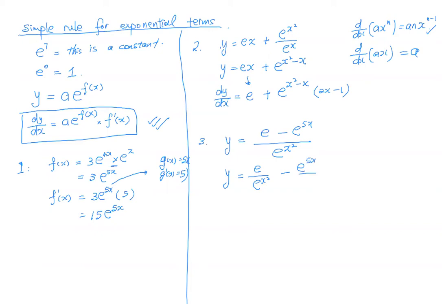So you see, the moment you get used to it, you will know what to do. You separate them. After that, you bring up the power. Can you tell me how to bring up the power? e to the power of 1 minus x squared, I can write like that, and take away 5x minus x squared. Yes, thank you.